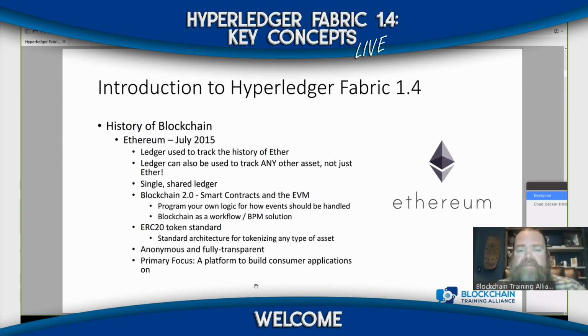Far and away, Ethereum's biggest contribution to the blockchain space was this introduction to the idea of smart contracts in the Ethereum virtual machine. And if you're new to blockchain and you're hearing this word smart contract, I know for me personally, when I first got into blockchain, contract had a very strong mental association in my mind.